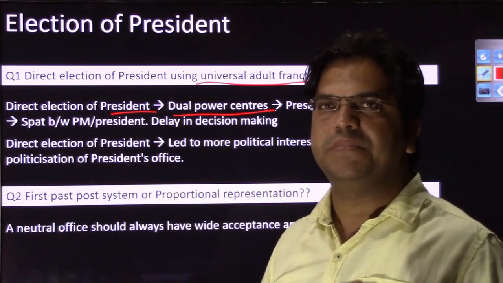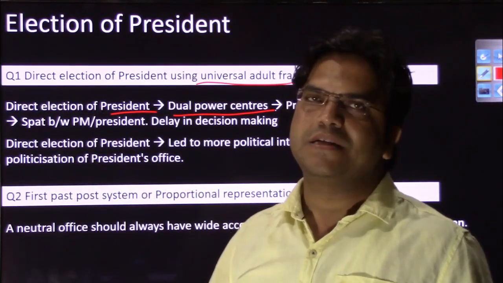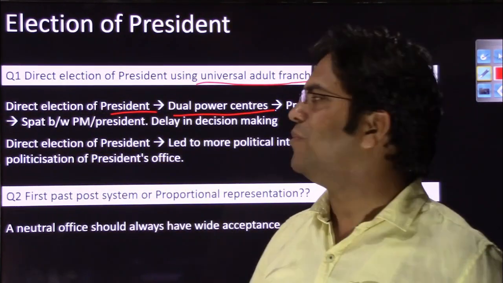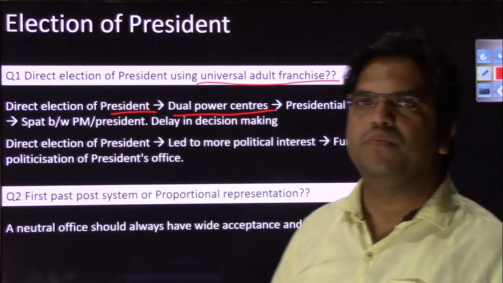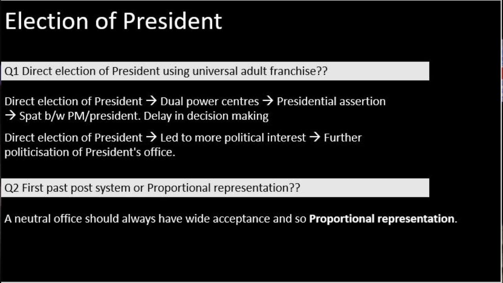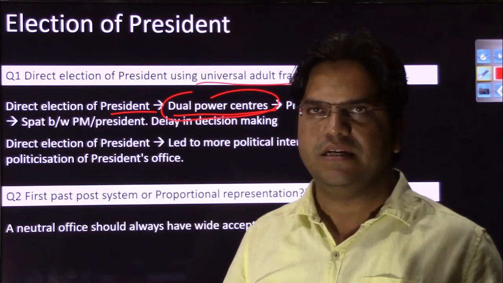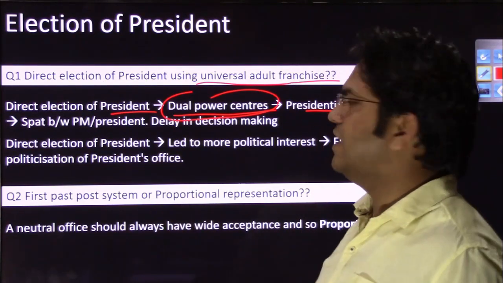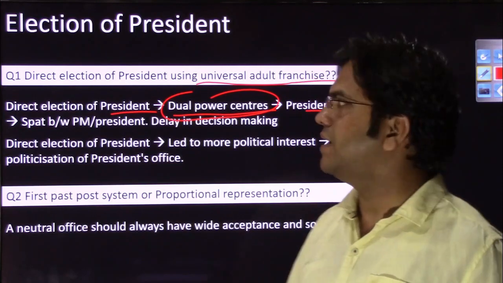So you have a Prime Minister who has not been chosen directly, and here you have a President who has been chosen directly, popularly by the people. So there is bound to be friction, there is bound to be a call for division of power. These dual power centers will result in what you call presidential assertion. If you remember, Article 74 calls for the President to abide by the advice of the Council of Ministers, but that will not happen if there is direct election.